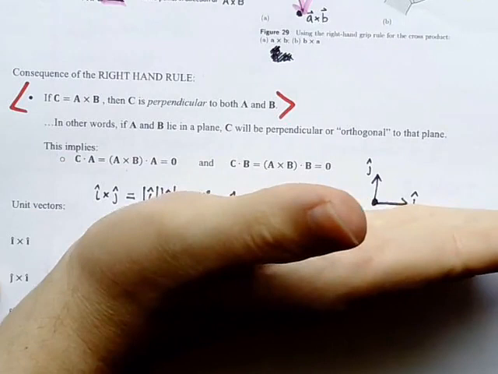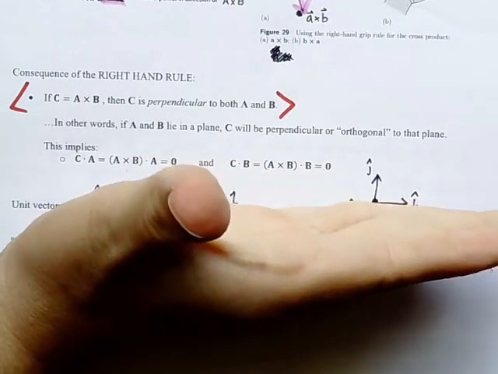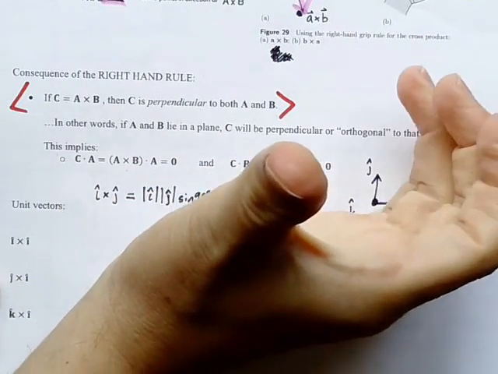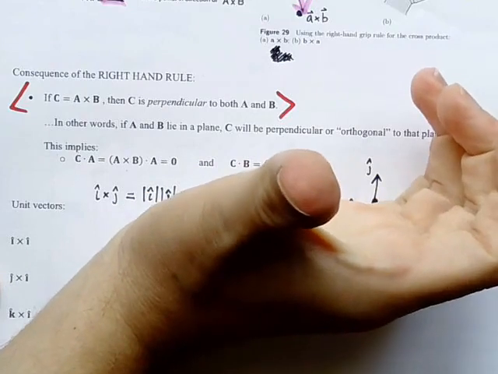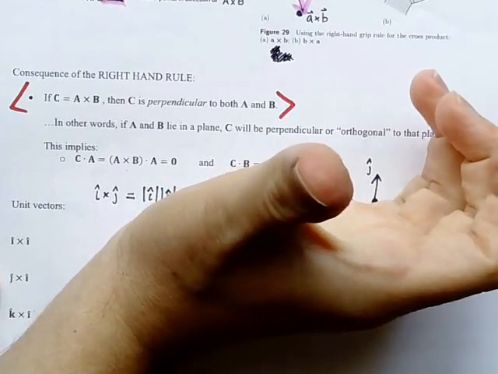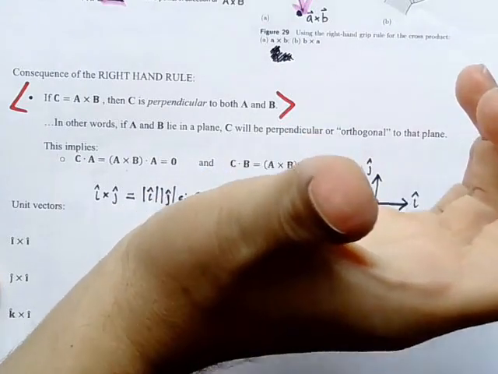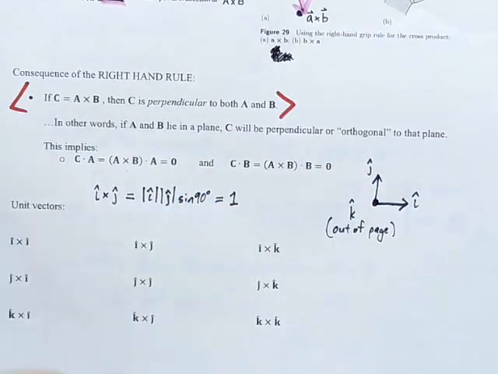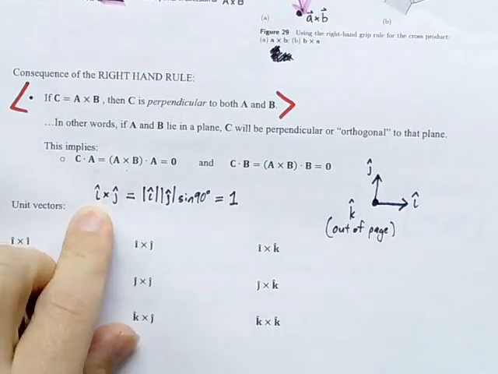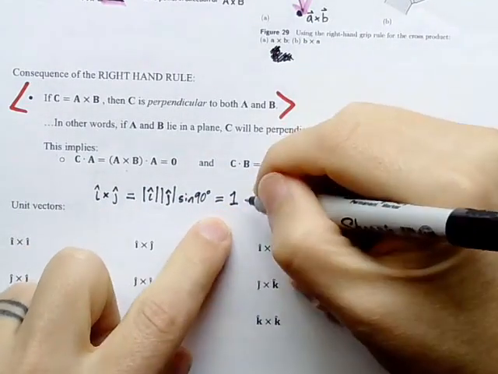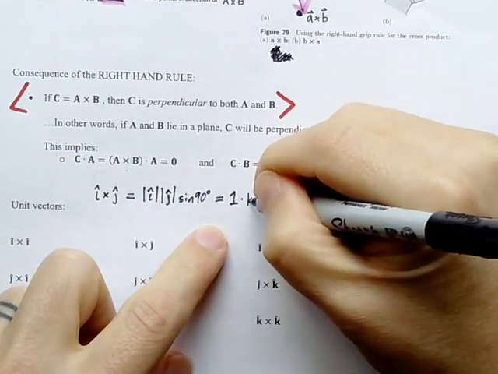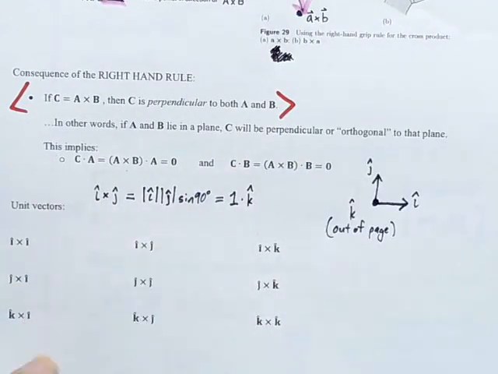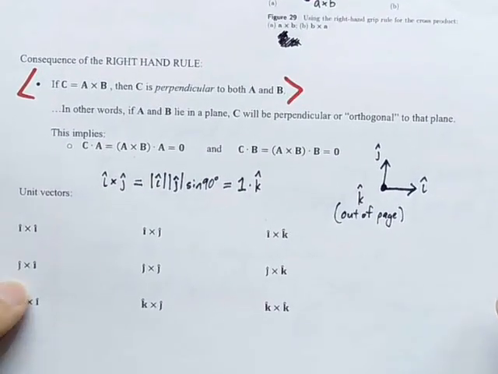And we're going to curl those fingertips towards j hat. If we're able to do that, our thumb points in the direction of the new vector, which is directly out of the page. Our thumb is pointing in the k hat direction. Therefore, i hat cross j hat equals 1 times k hat, or i hat cross j hat equals k hat.